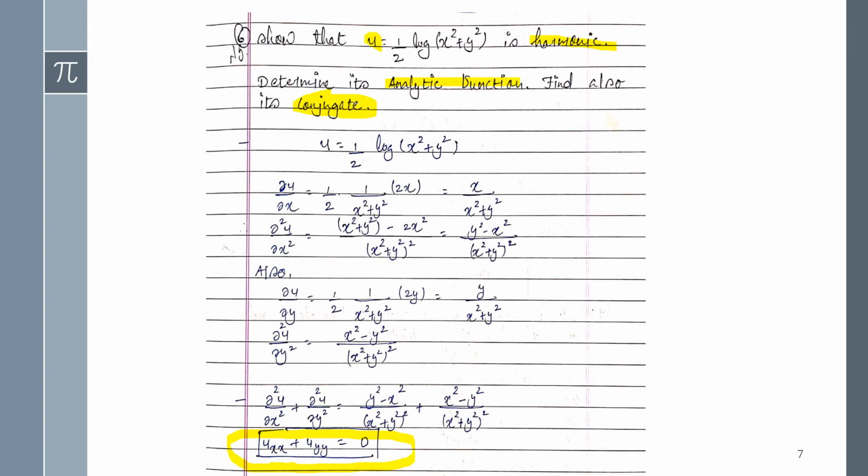I hope you know what it will be, because I am not going to explain this differentiation. So first you have to find its differentiation, and then its addition, that is, u_xx plus u_yy you have to show to be zero here. So here I have shown that u_xx plus u_yy is coming 0. Now next.